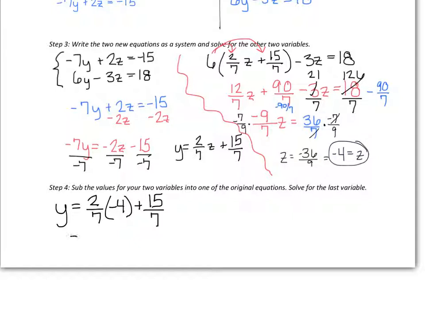Okay, that's negative 8 over 7 plus 15 over 7. What's negative 8 plus 15? Positive 7. What's 7 over 7? 1. Y equals 1.